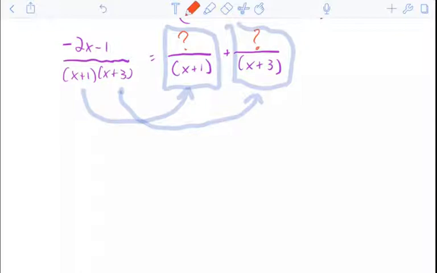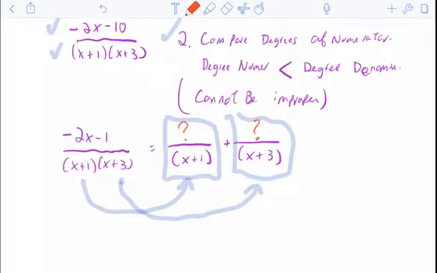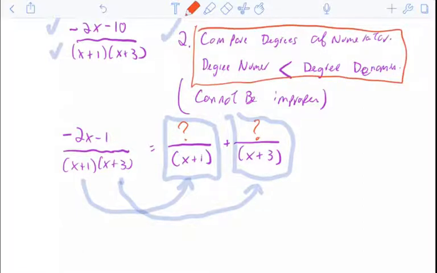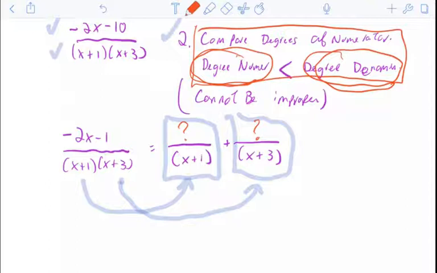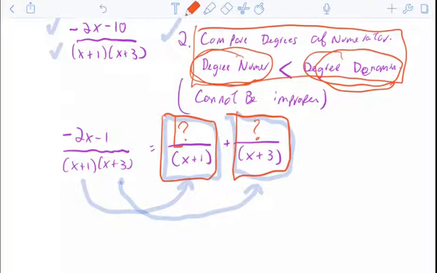Now, one question you might ask is, why can't we do this for improper expressions? And the answer is that if we know that the expression is not improper, if we know that the degree of the numerator is smaller than the degree of the denominator, then we can tell you that each of these expressions will both be proper.